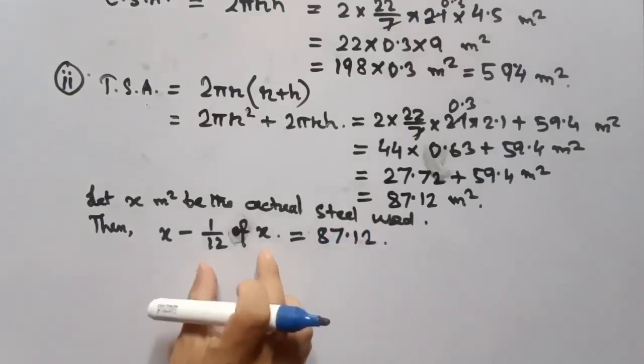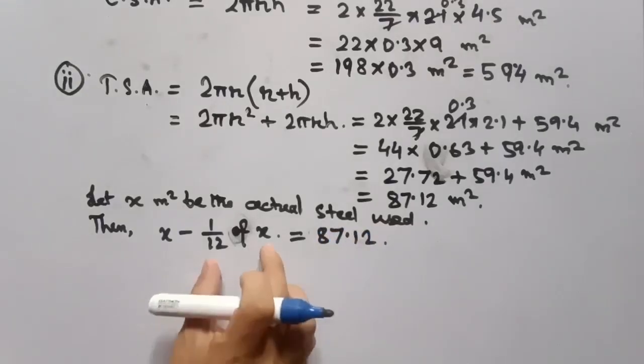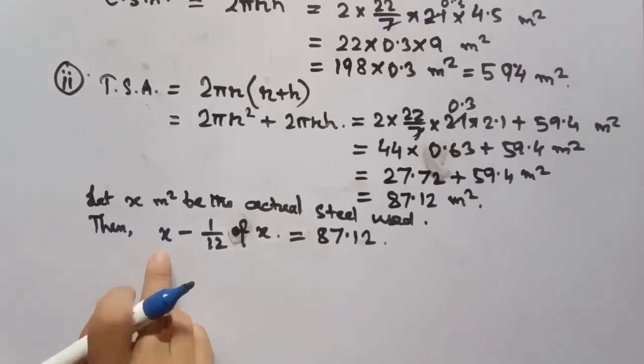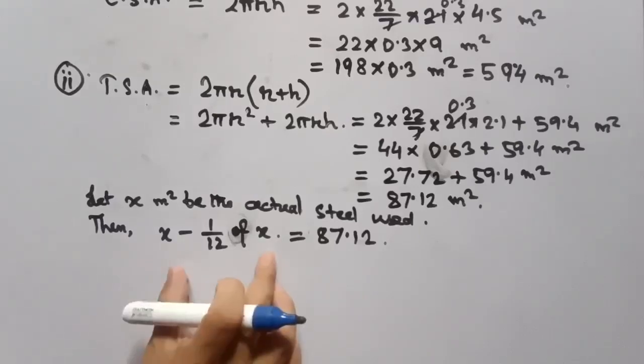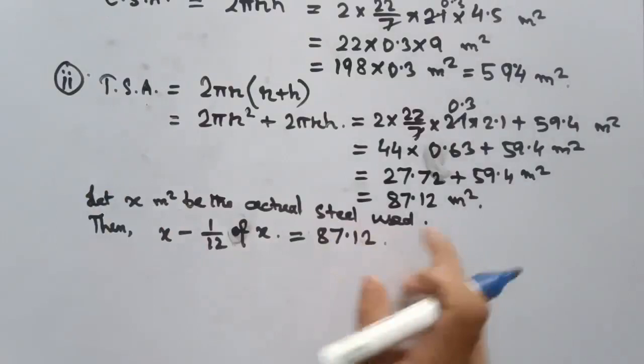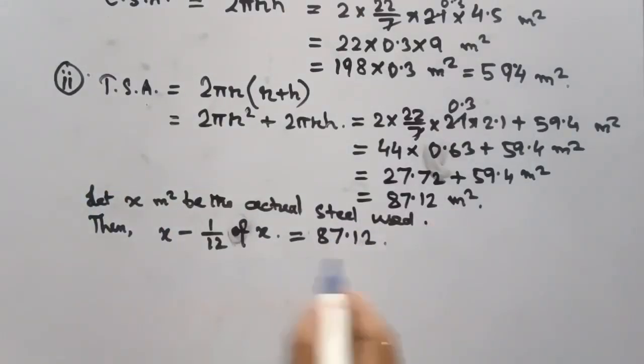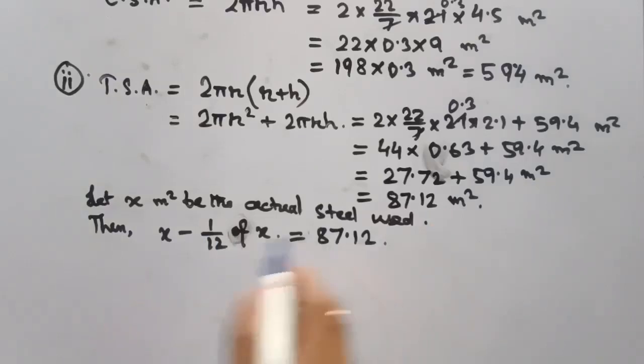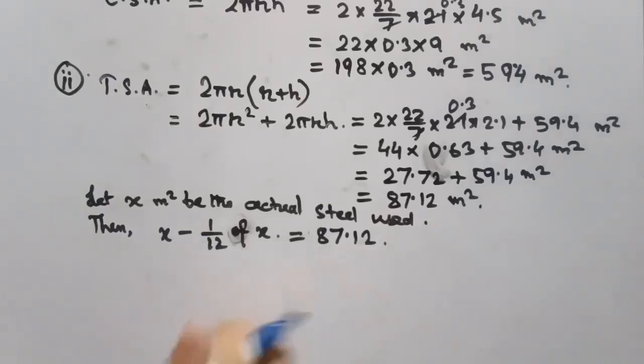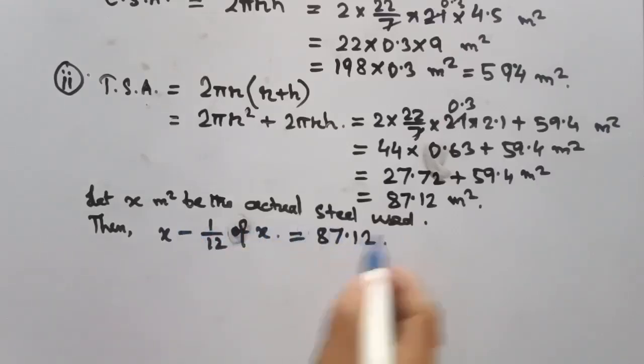This is the amount of steel wasted, and this is the actual steel used. The difference between them is the total surface area of the petrol tank. Let us find the value of x from this equation, and we will get the total actual steel used.